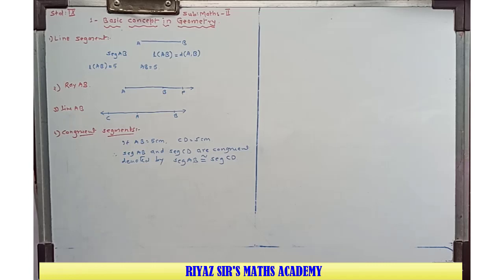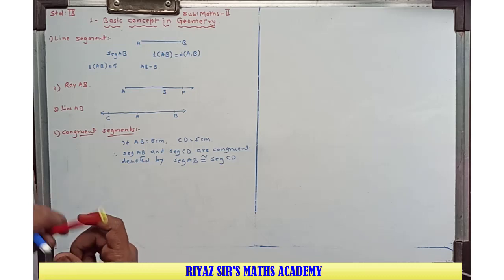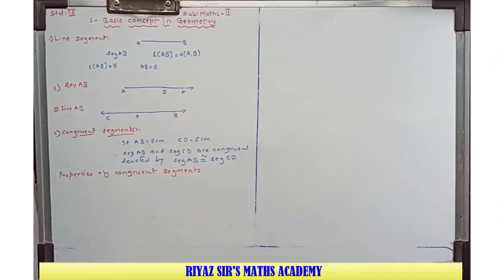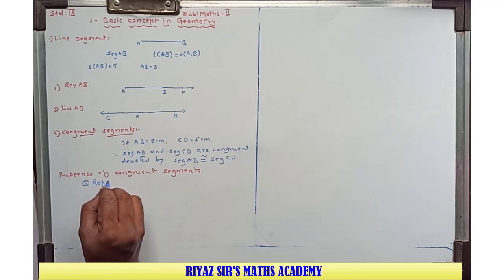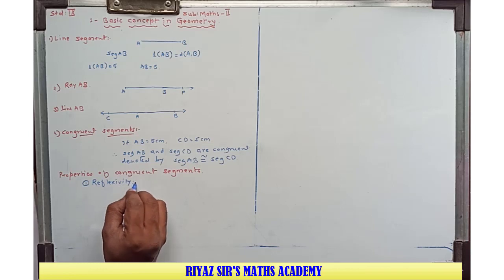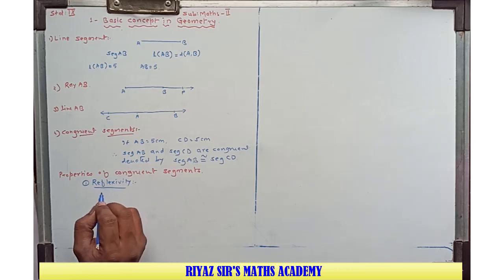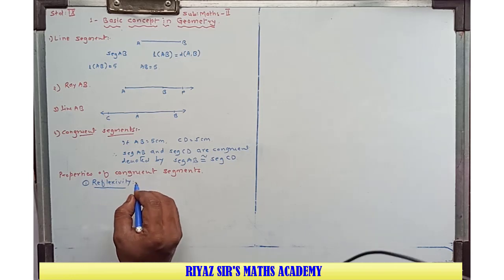Now after that, properties of congruent segments are given. So first property is reflexivity.